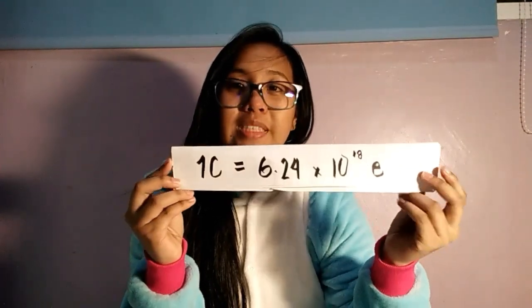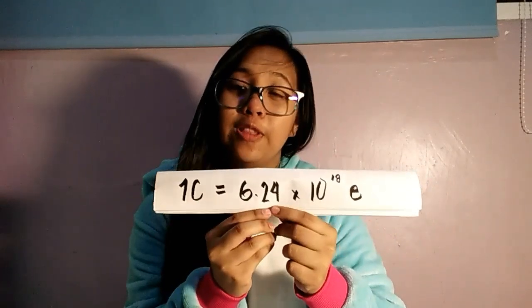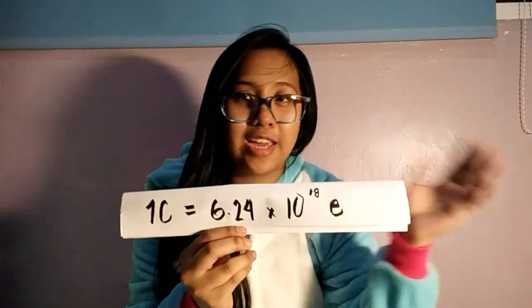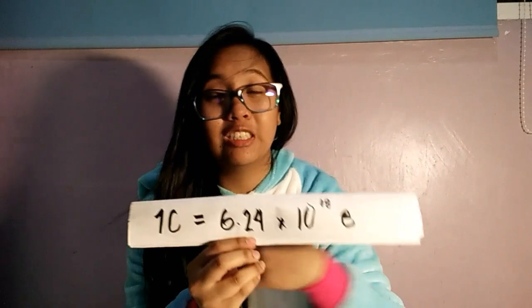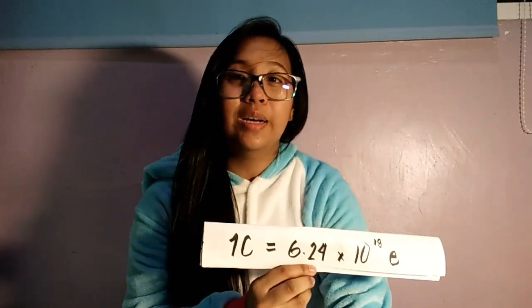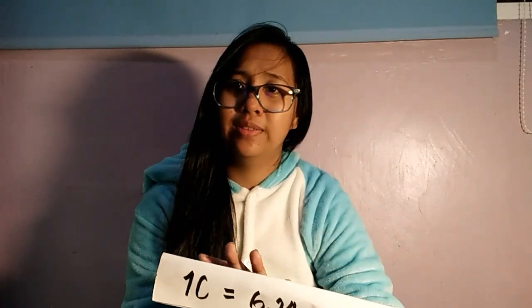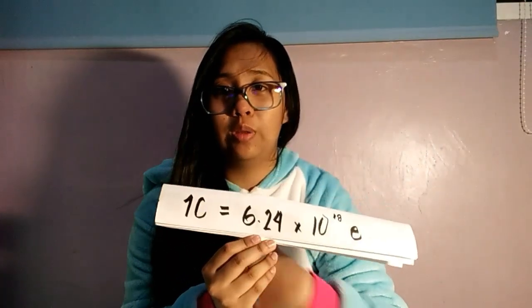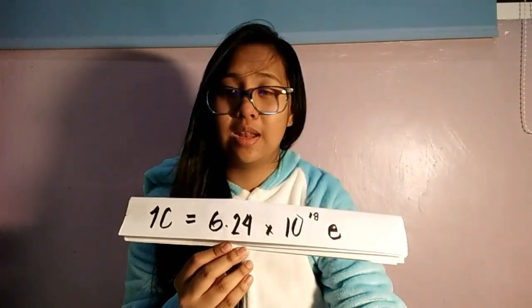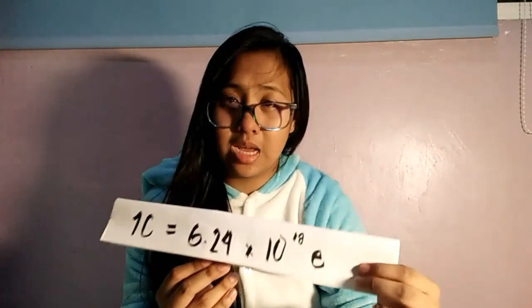According to the book, 1 coulomb is equivalent to 6.24 times 10 to the 18. We see it as numbers, but let me give meaning to these numbers: 6.24 times 10 to the 18 e.